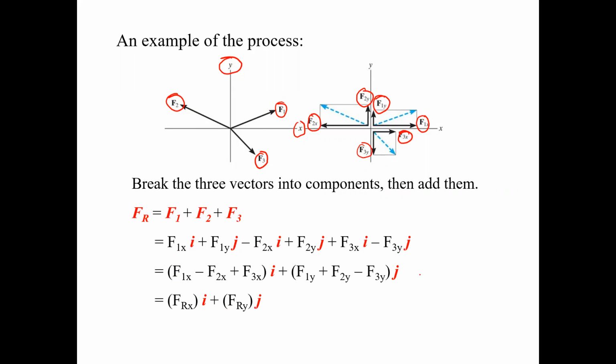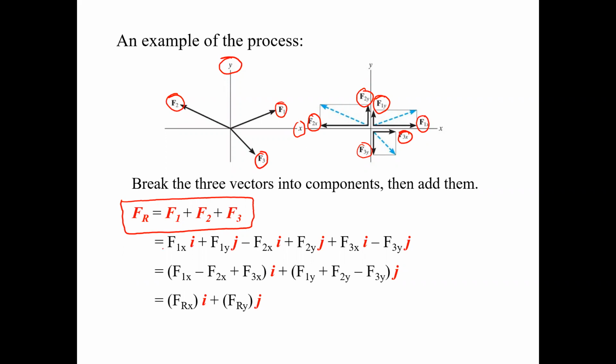So break the three vectors into components, which we already did in the second figure on the right, and then we add them, right? So how do we find the resultant FR, which is F1 plus F2 plus F3, right? So what is F1? F1 is F1x times i plus F1y times j, right?